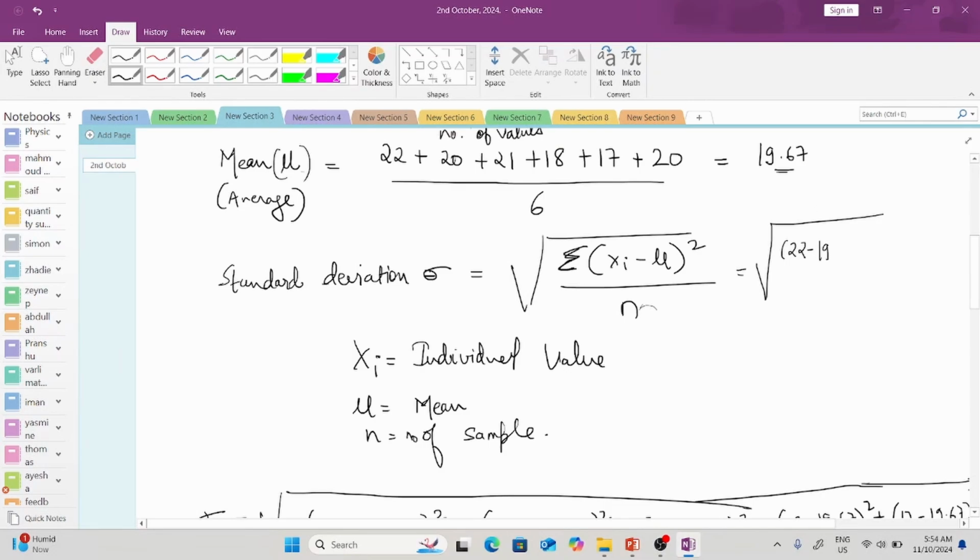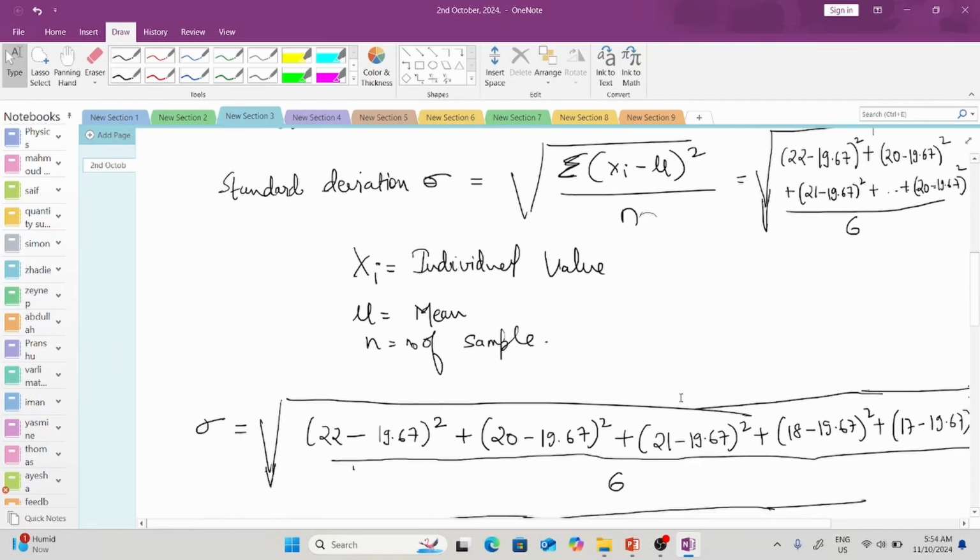Mu is 19.67, whole square, plus for the second block 20 minus 19.67 whole square, plus the third block, 21 minus 19.67 whole square, and so on till you reach the final block, that is again 20 minus 19.67 whole square, divided by 6, because you have 6 concrete blocks.